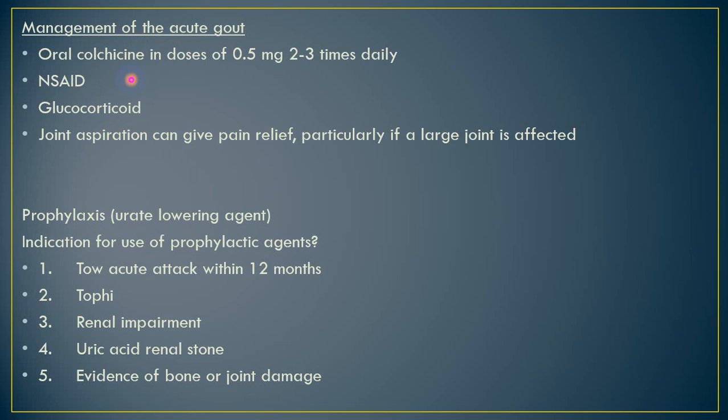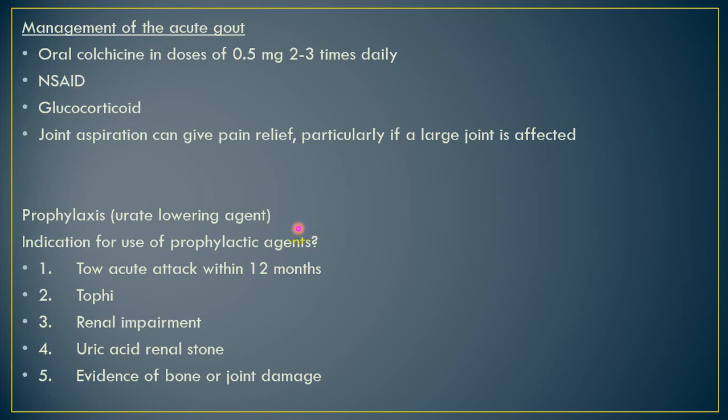Does every patient with an acute attack need to take prophylactic therapy? No, there are specific indications for starting a prophylactic regimen. These include: number one, if a patient has 2 attacks of acute gouty arthritis within 1 year, so we need to start him.